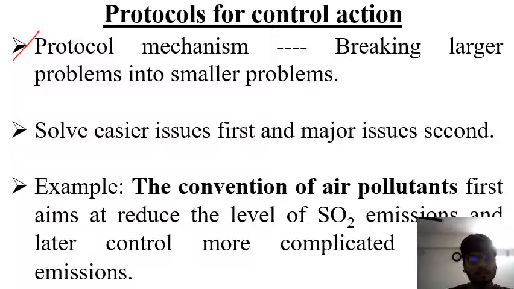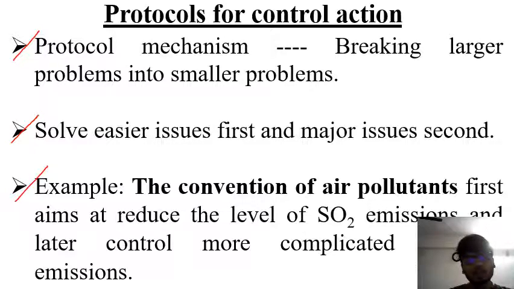Next is solve easier issues first and major issues second. So you should solve the easier issues first and then the major issues. Next, the Convention on Air Pollutants first aims at reducing the level of SO2 emissions and later controls more complicated nitrogen emissions.